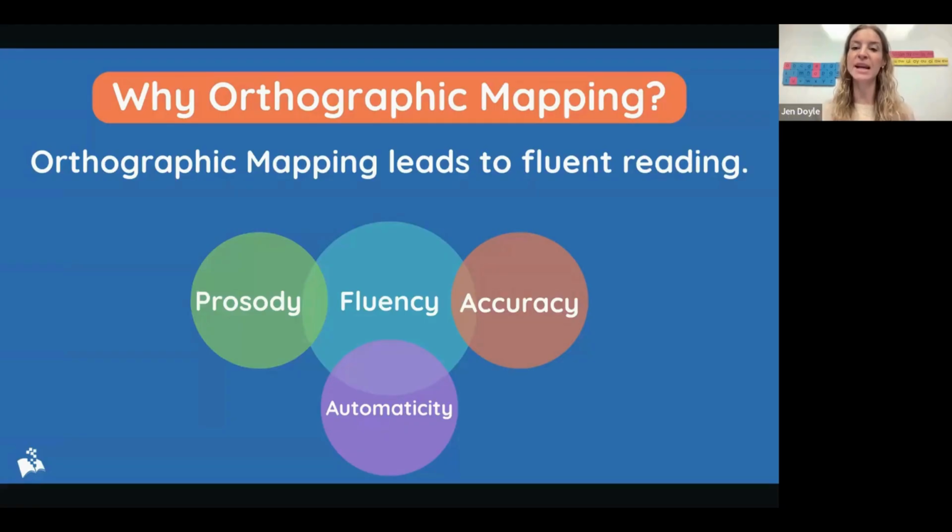So orthographic mapping is going to lead to fluent reading and a reader that is very strong in their comprehension skills. That's why we need to focus on this early on, because students that are not correctly mapping words are going to struggle with reading.